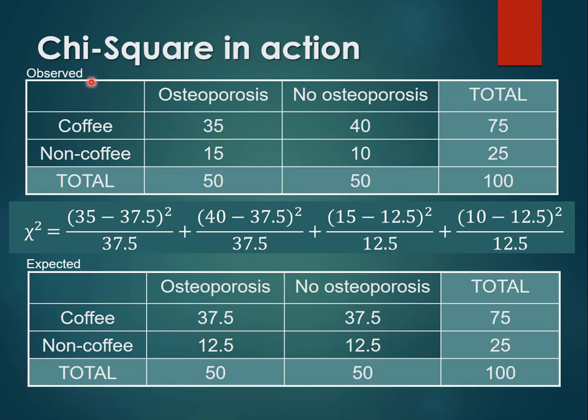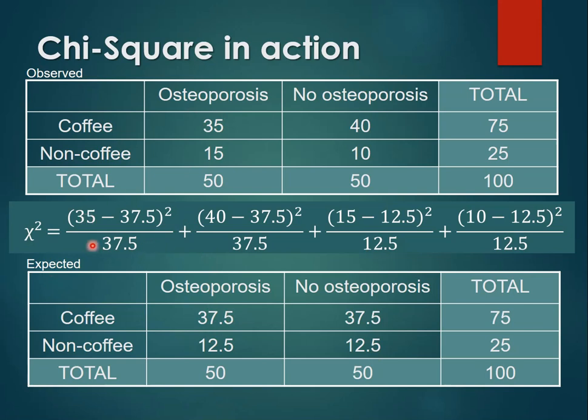The first one is the observed values, and the second table is the expected values. So the formula is to get the difference between the observed value, which is 35, minus the expected value, 37.5, squared and divided by the expected value, 37.5.